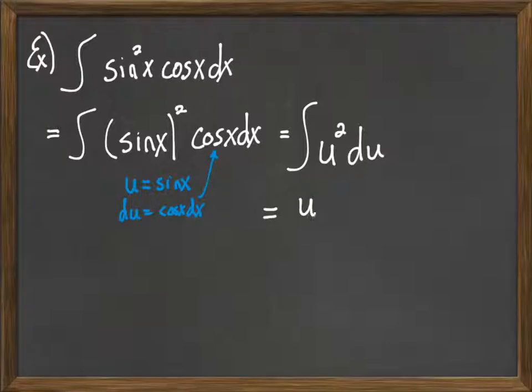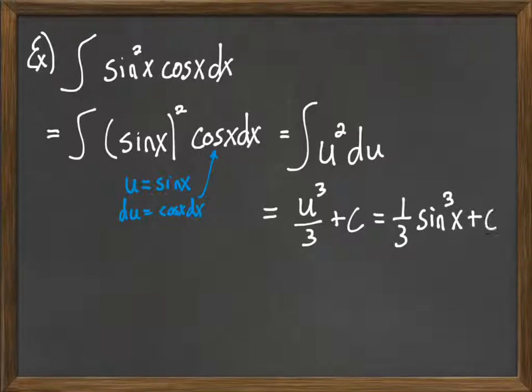And so that would become add 1 to the exponent, divide by the exponent. So we have u to the third over 3 plus c, and then finally we can replace that with sine, so we get 1/3 sine cubed x plus c. And so that's our integral.